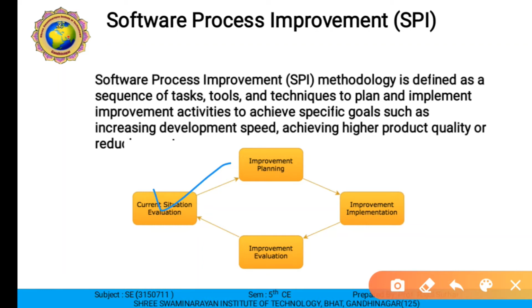Then the second thing is improvement planning. After analyzing the current situation and improvement goal, the findings should be categorized and partitioned according to which one is most important, having the most severity. It should consider what the new target level of improvement should look like.